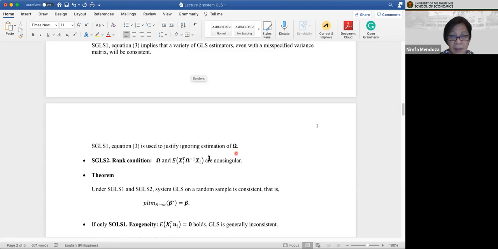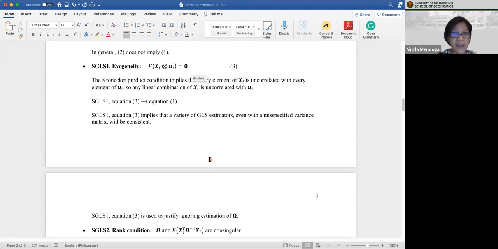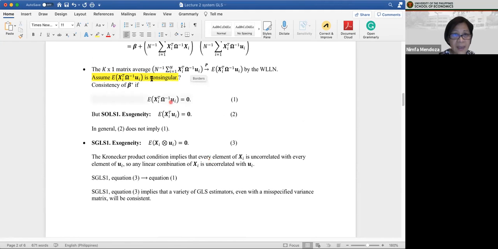This is a square matrix, K by K. I think what we have here is wrong, because this is not a square matrix. It is X sub I transpose omega inverse X sub I.